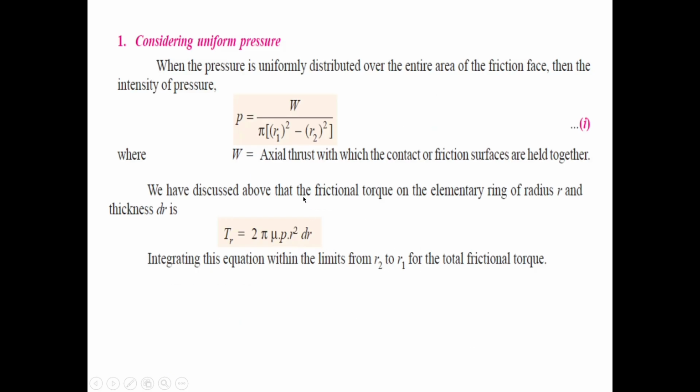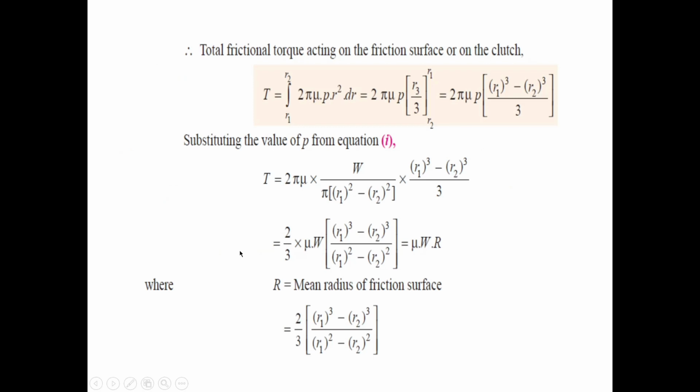There are two things commonly considered for calculating the frictional torque. The first is considering uniform pressure, and the second is considering uniform wear. These are the formulas helpful for calculating the frictional torque in problems.